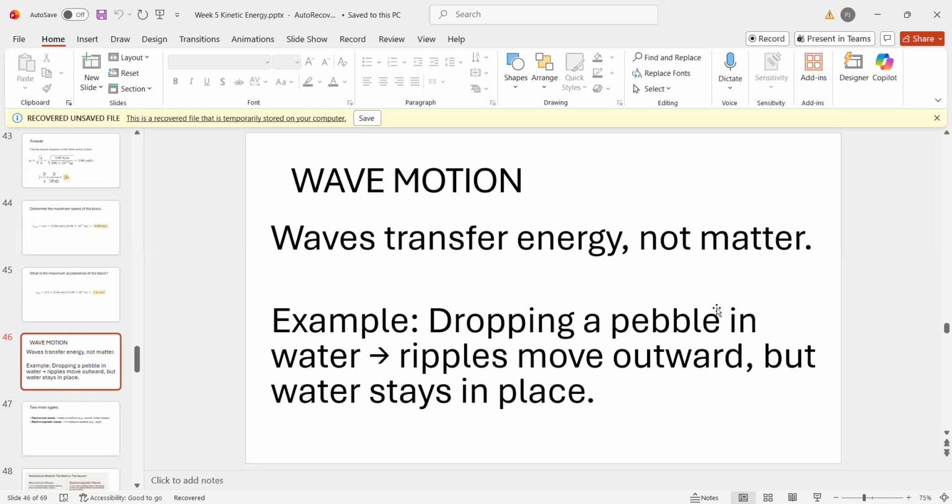It moves outwards. But the water still remains at its position. The water doesn't move, but the wave is what is moving. You drop the stone in the water, you see that the waves will move, but the water itself is standing. That's the wave.